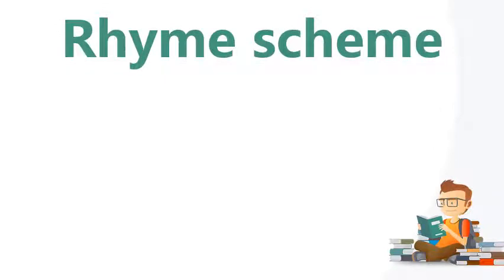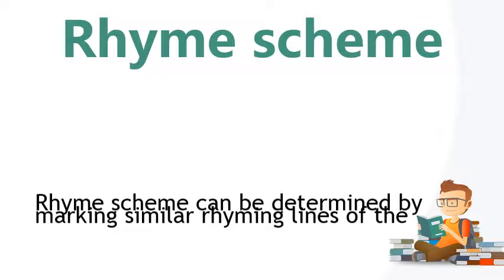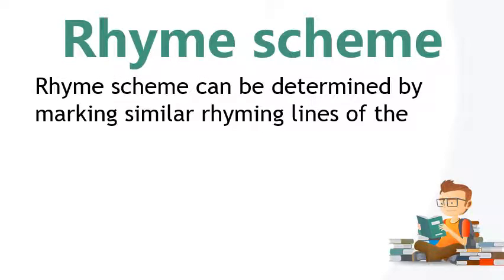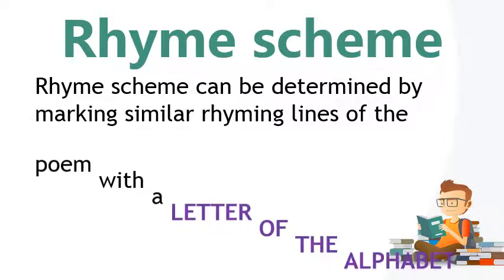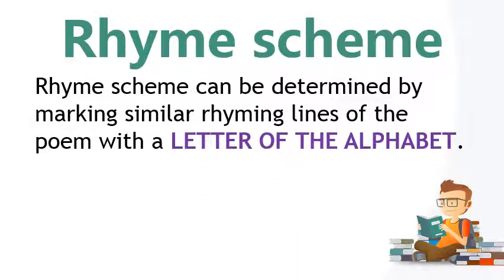Okay, so when we have rhyming words, there is a certain thing that we can do to see if it is rhyming, and that is a rhyme scheme. A rhyme scheme can be determined by marking similar rhyming lines of the poem with the letters of the alphabet. So we know our alphabet A, B, C, D, and you know the rest.